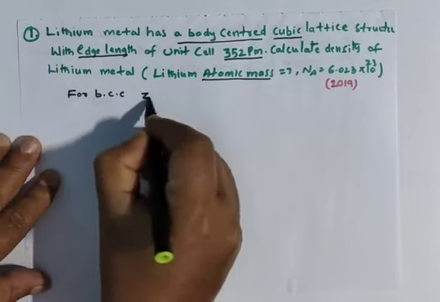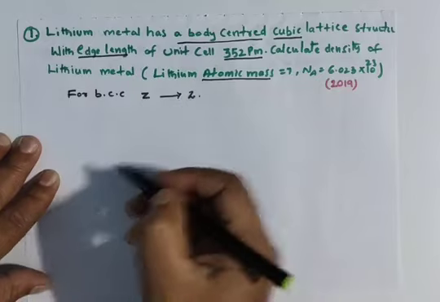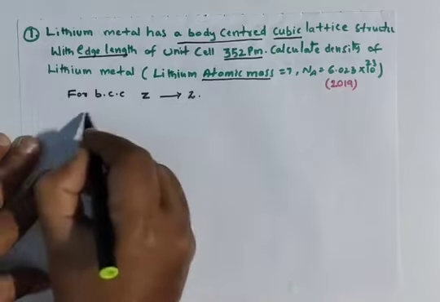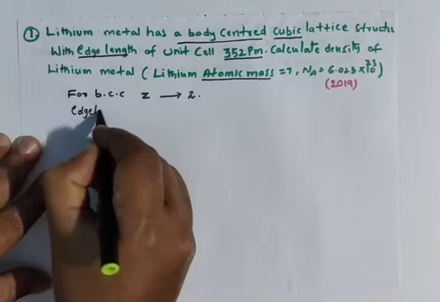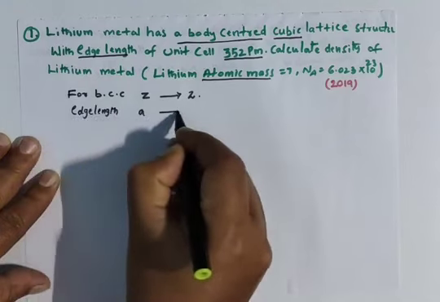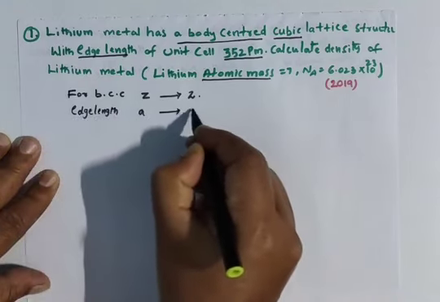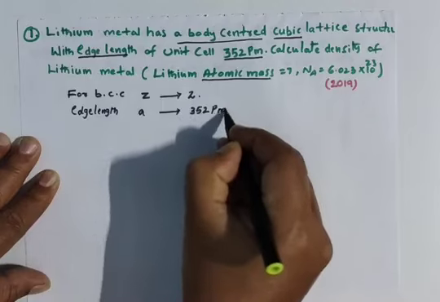So the given terms we have here for BCC: Z value is 2, and the edge length a is 352 picometers.